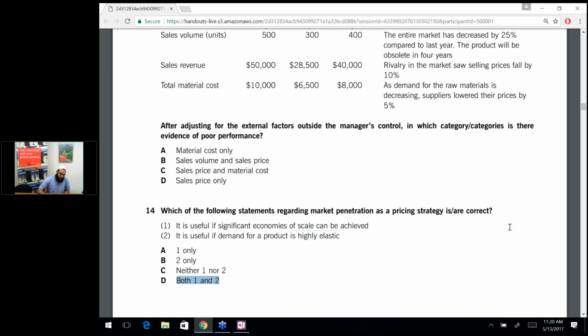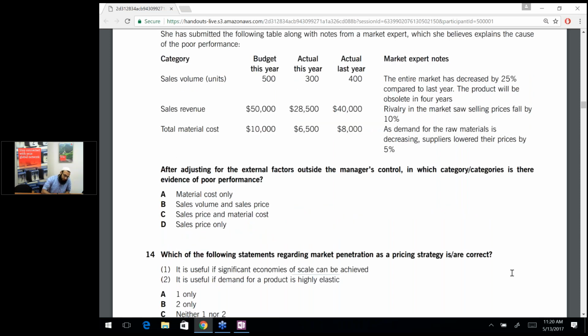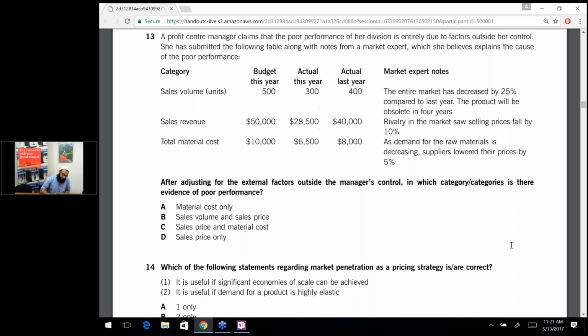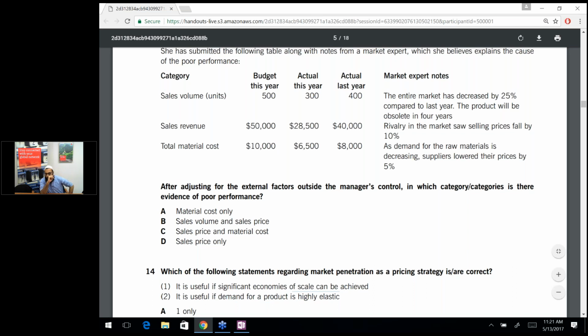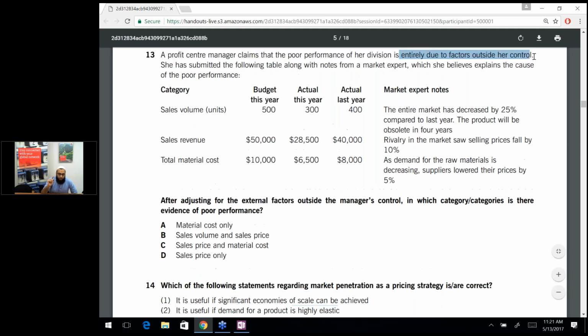A profit center claims that poor performance of her division is entirely due to factors outside her control. Remember, once we had a discussion about planning operation in our webinar class, I told you factors which are not controllable, you need to revise the standard. She has submitted the following table along with notes from a market expert, which you believe explain the cause of her poor performance.